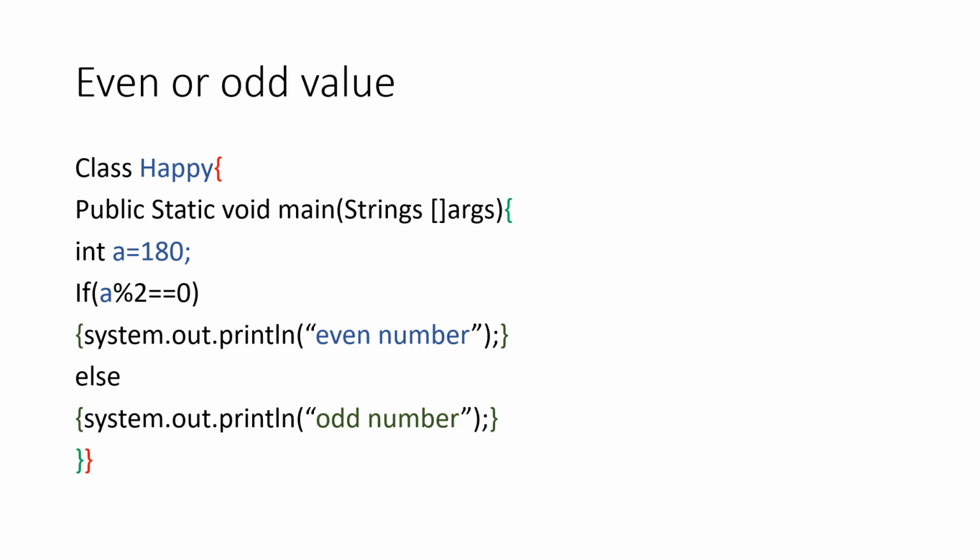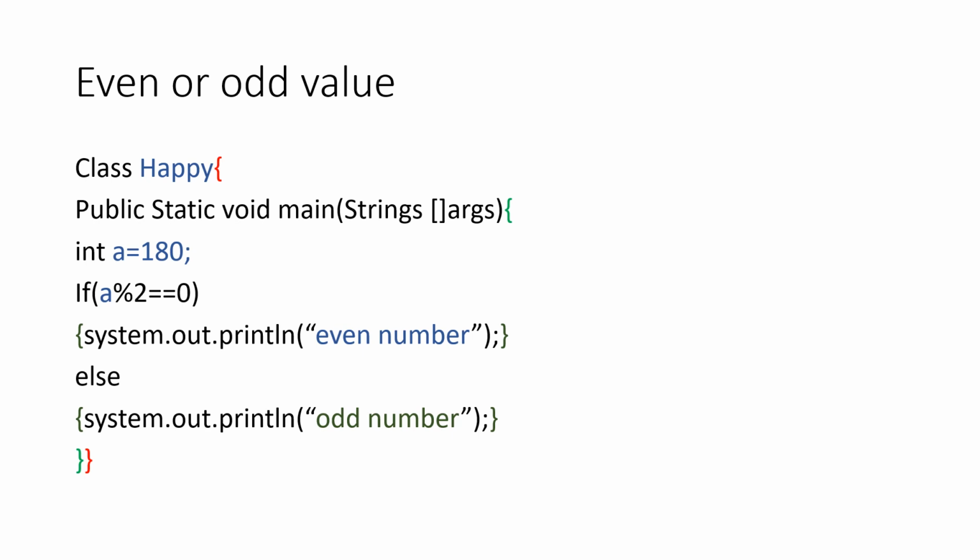That logic we are converting into code. Here we are initializing one integer value. Why are we giving the int data type? Because we need a number value, and a number value you can consider as an int. This int value is an identifier, so a is a variable which stores 180.